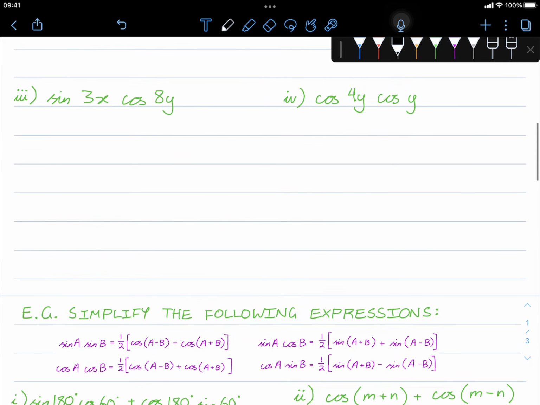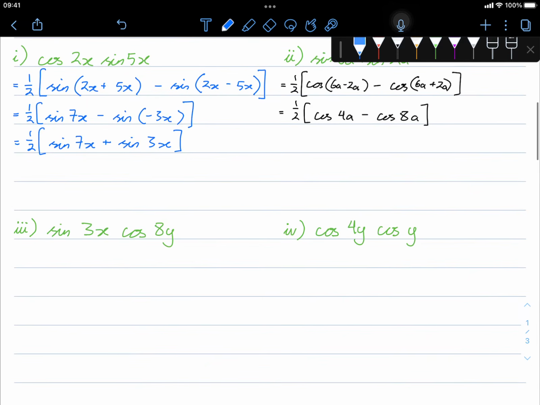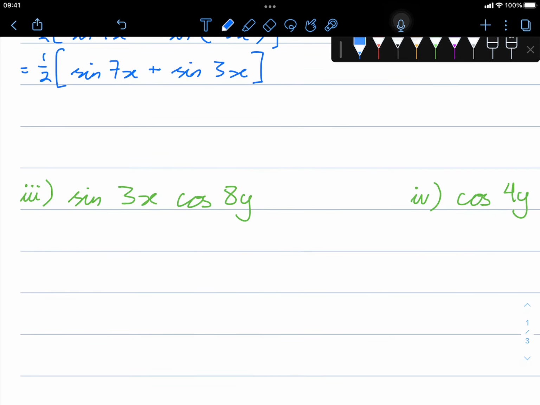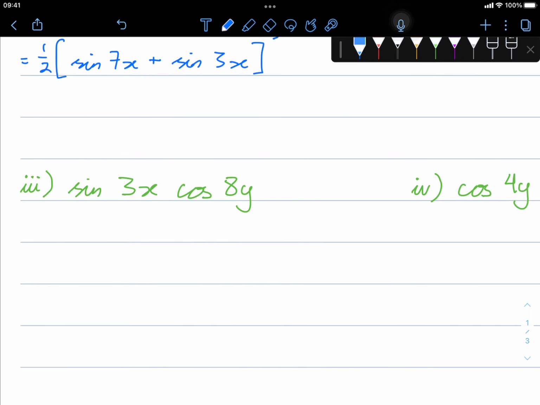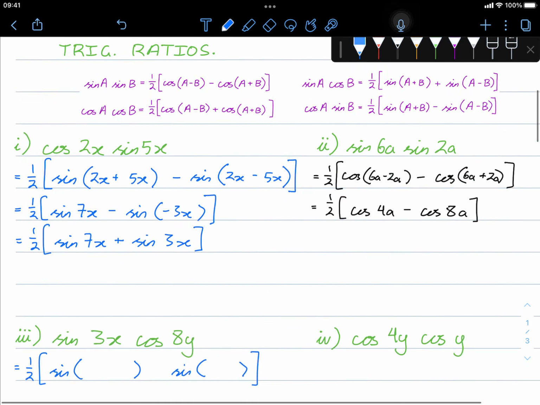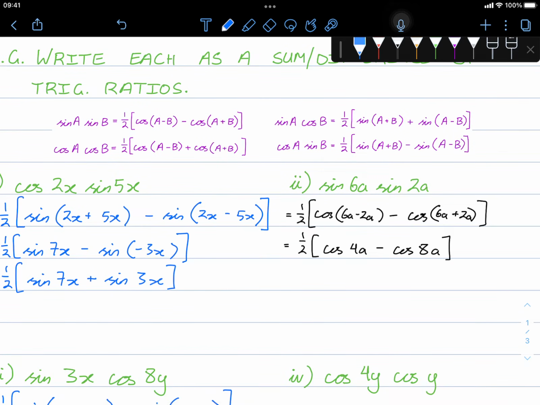Let's take a look at these next two here. Sine and then cos. Okay, so if they're different, I immediately know it's going to be sine and sine. With sine, I need to keep practicing this as well.